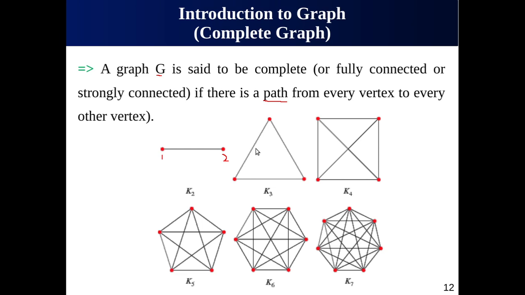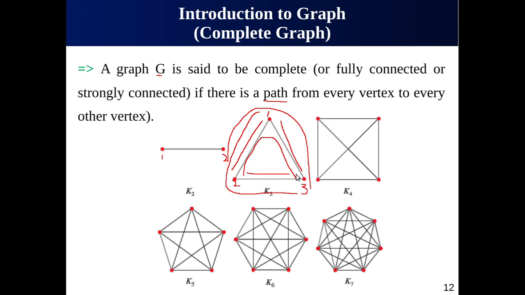Second example, we have three vertices, 1, 2, 3, and there is a path from 1 to 2, a path from 1 to 3, and a path from 2 to 3. Or there is a path from 1 to 3, a path from 3 to 2, and a path from 2 to 3, etc. This is also an example of a complete graph.